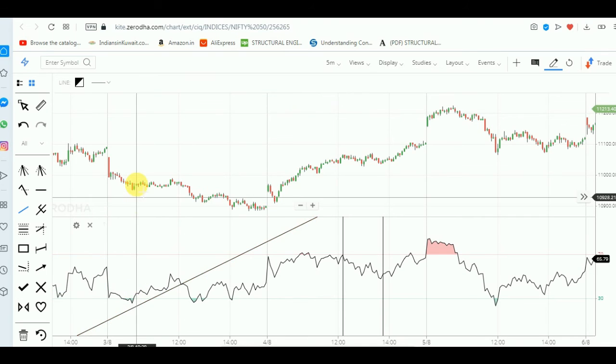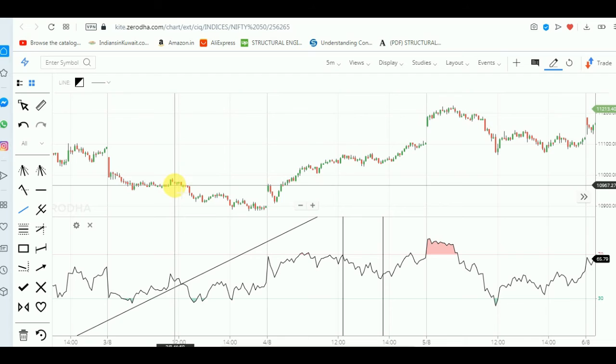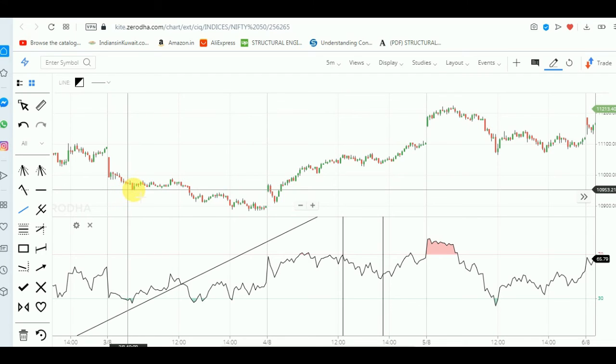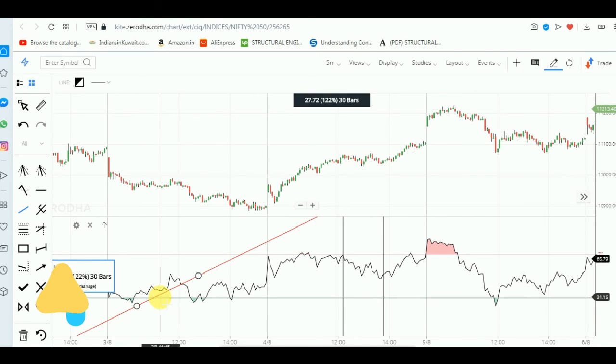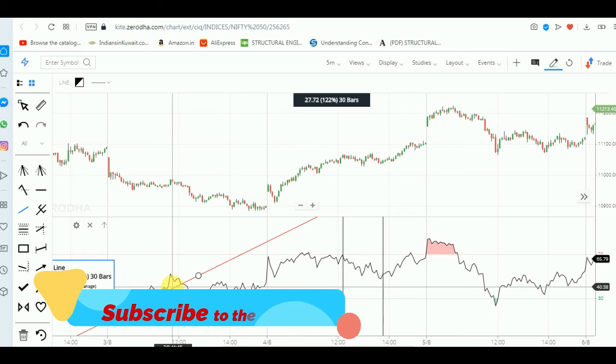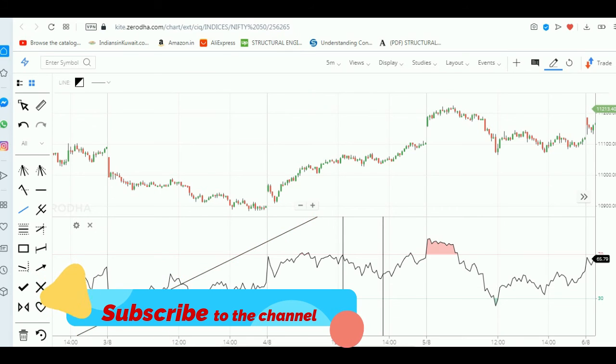From here to here it traded flat, right? But the RSI showed that the price is going up, or the market is in the upward trend.